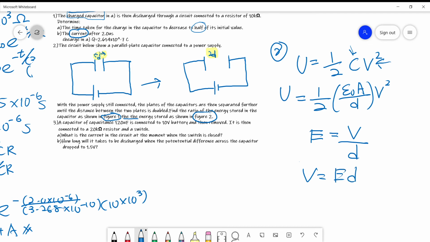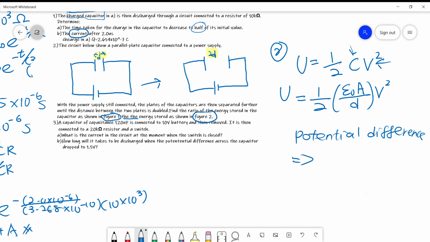We actually can substitute this equation into here, but we do not do that. This is because in this case the potential difference across the capacitor is constant.